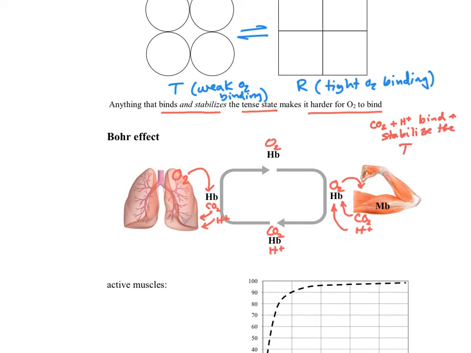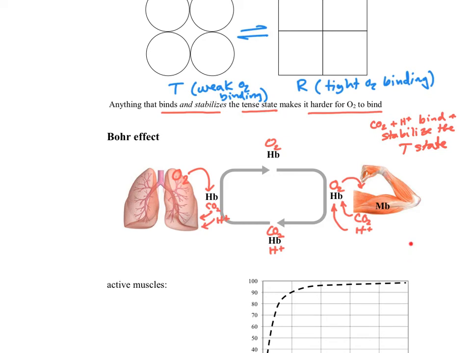They have the opposite effect of oxygen. So when protons and CO2 bind, they shift hemoglobin back to the T state, and that causes more oxygen to fall off because oxygen doesn't stick well to the T state.